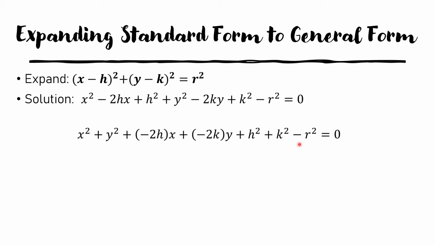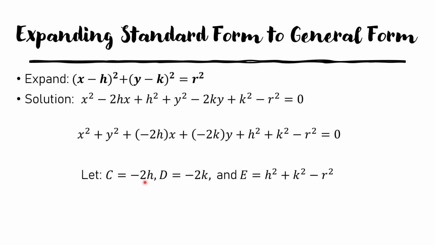These numbers are the constant of our equation. Then, we can let c is equal to negative 2h, d is equal to negative 2k, and yung e will be h squared plus k squared minus r squared. So to make it simpler, ang equation na natin in general form is x squared plus y squared plus cx plus dy plus e is equal to 0.